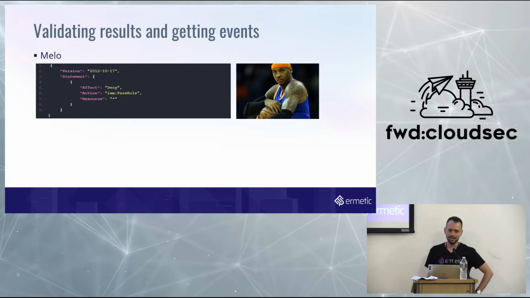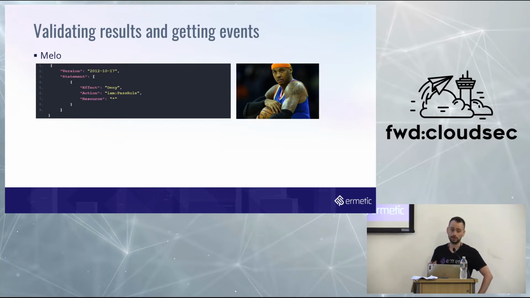So we go around with Mello, trying to do things. We'll talk about how we're trying to do things in the next slide, but we try, and then fail in ways that are interesting, and once we fail, we say, okay, this actually required PassRole. We circle back to the event and find out in what way PassRole was needed.